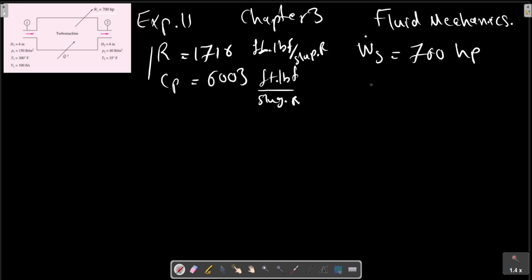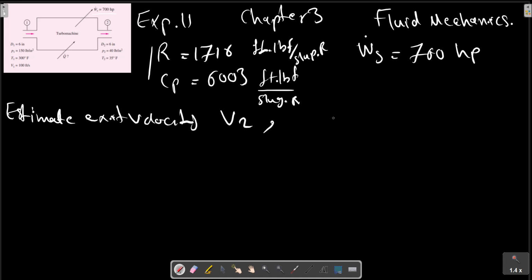Estimate the exit velocity V2 and the heat transfer Q to the system.